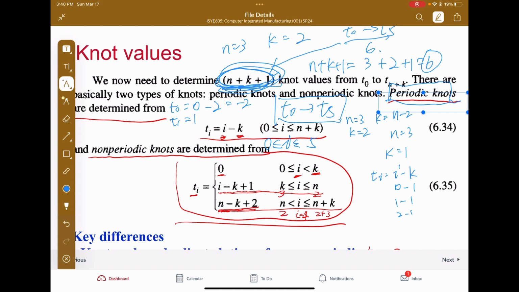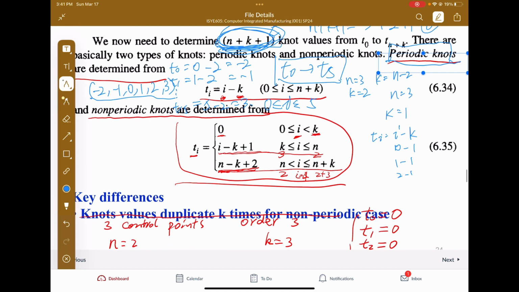T1 will be negative 1, until T5, which will be 5 minus 2, which is 3. So these are the T numbers from t0 to t5 if we use periodic knots in our case.